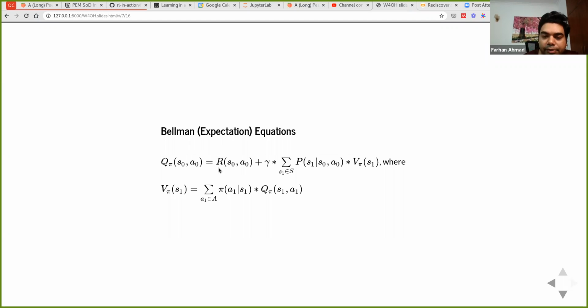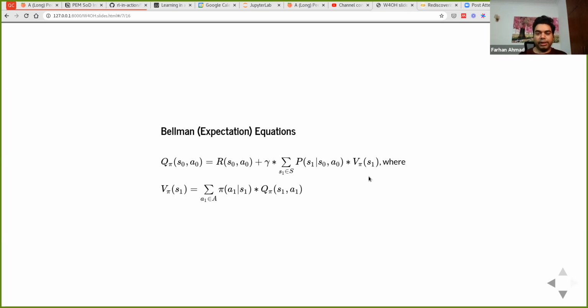Obviously, the first thing is the immediate reward, which we know from the state and action. Then you have the discount factor, but then there is this slightly confusing last term that I want to explain.